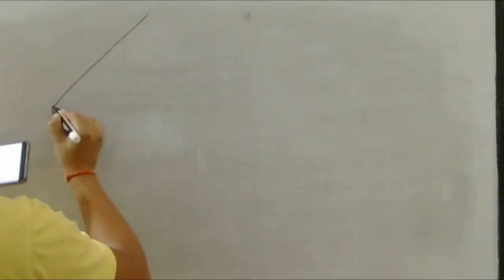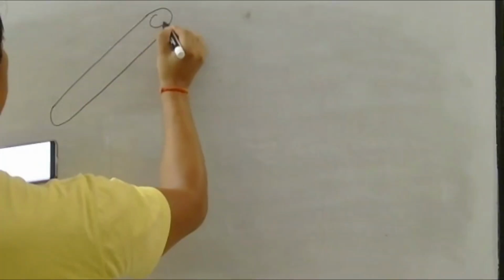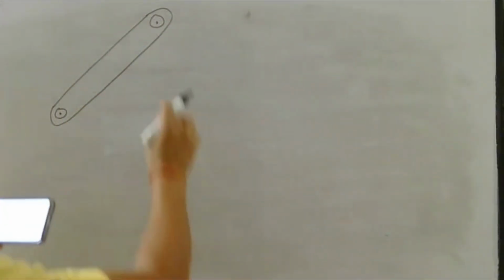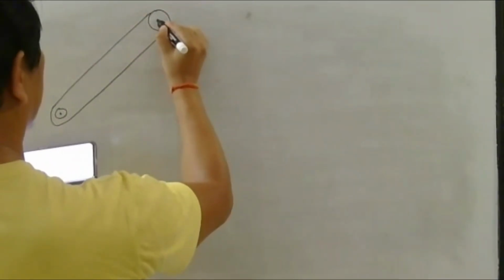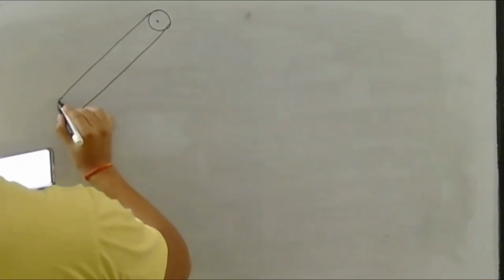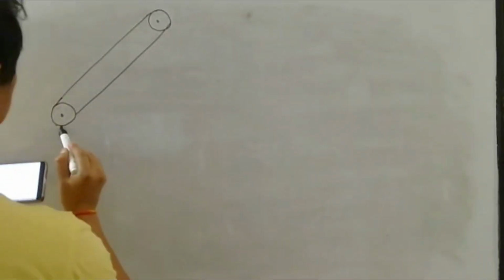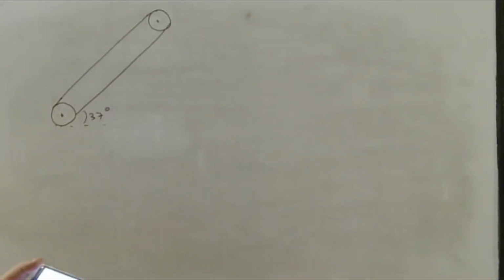Next question, you see. The following figure shows an accelerating conveyor belt at 37 degree above horizontal.